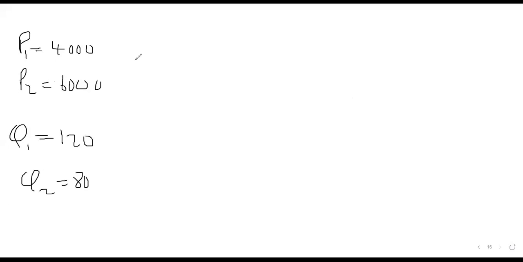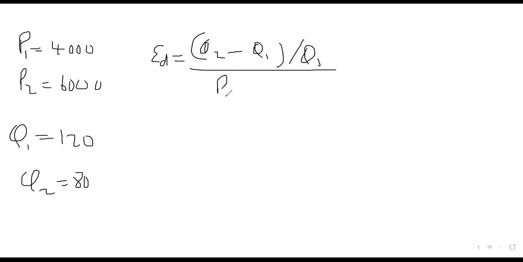So elasticity of demand is equal to Q2 minus Q1 over Q1 divided by P2 minus P1 over P1, the original.